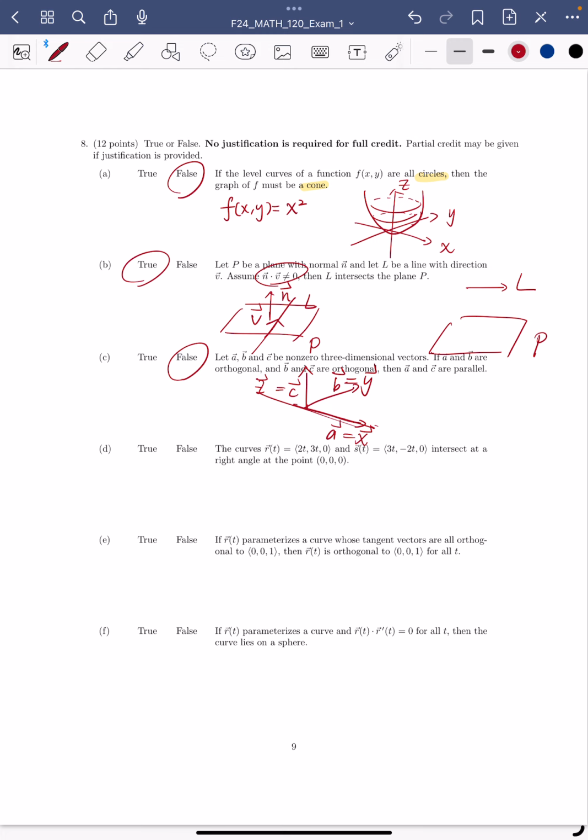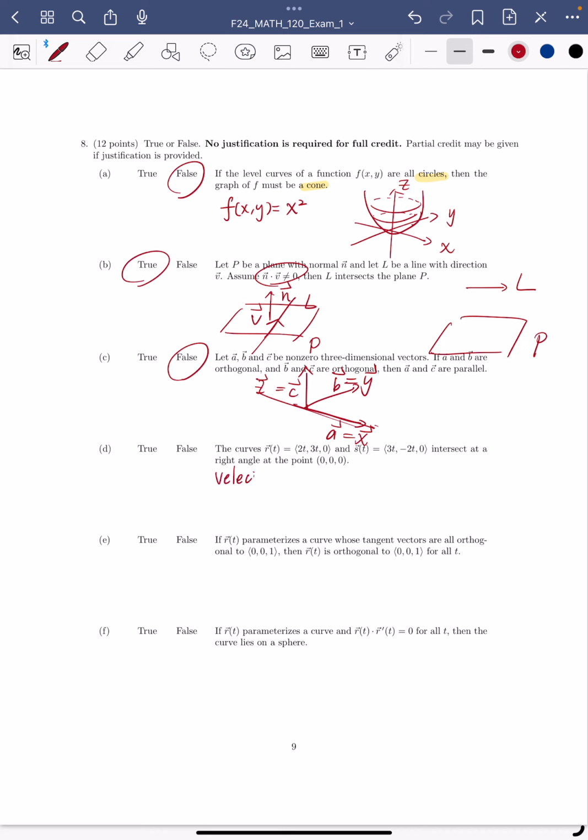And now we have two curves. They intersect at a right angle at the point at the origin. So let's see. We have to find the velocity.